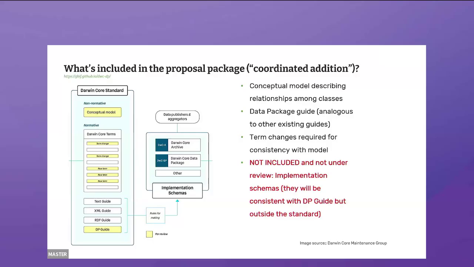A number of terms need to be added or modified to make it possible to impose this structure. In the same way that Darwin Core archives implement the requirements of the text guide, Darwin Core data packages will implement the requirements of the data packages guide. However, these implementation details are outside of the standard and aren't part of the review.